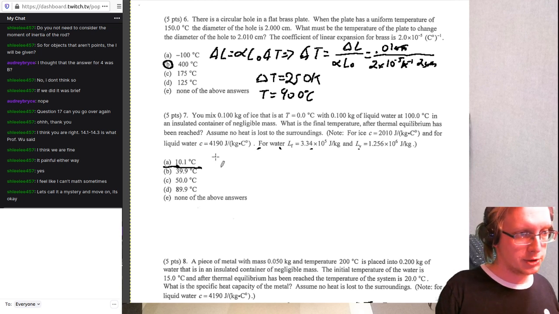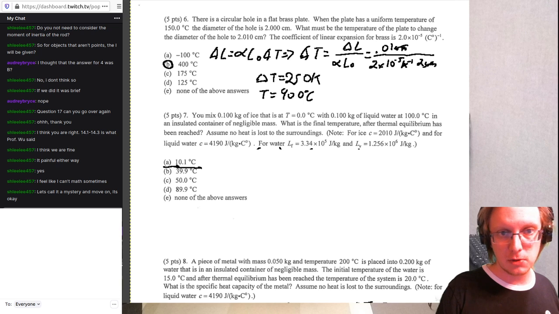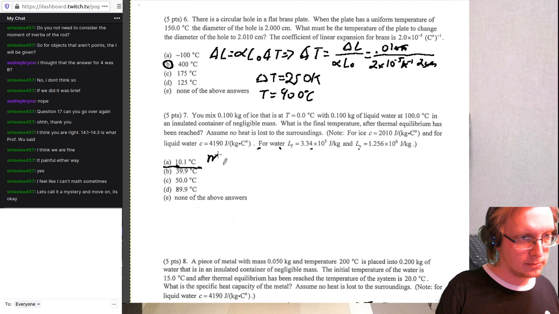Alright, we are going to melt some ice. I am going to increase its temperature.